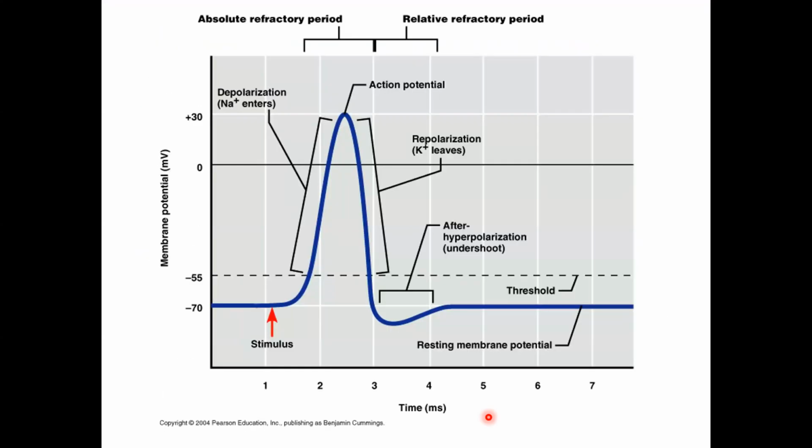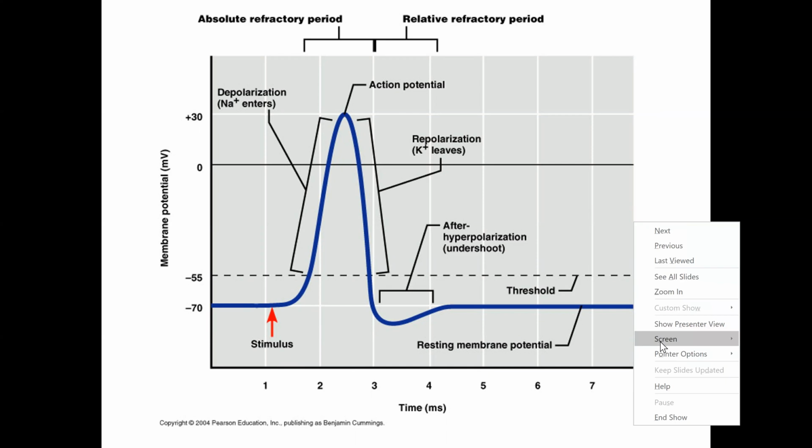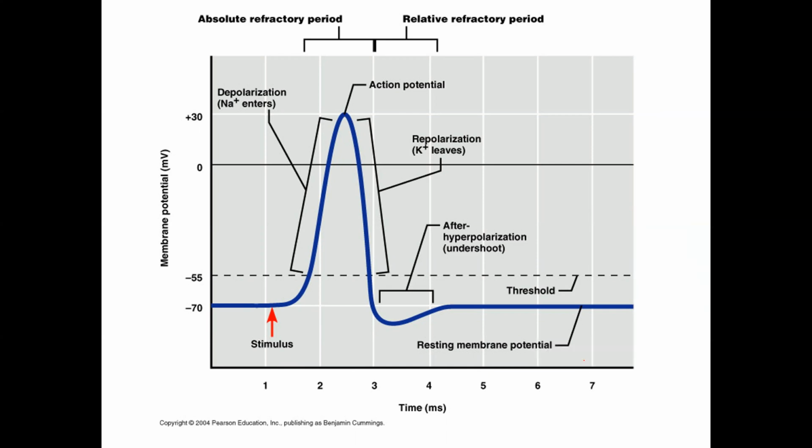Okay, so this cell is at resting membrane potential, right? You apply the stimulus. And what is the stimulus? A stimulus is anything that opens sodium channels. So sodium starts moving in. Let's imagine that very little stimulus is applied.